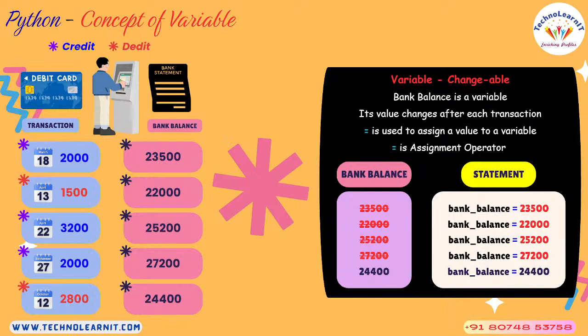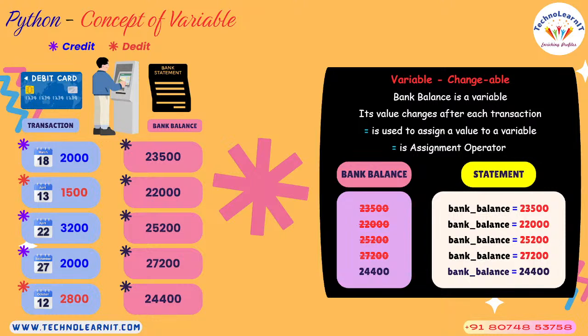25,200 is another constant. So constants are stored in a variable. And the value of the variable may change from time to time. When I say time to time, for how long the value of the bank balance remained as 23,500? As long as no transaction has taken place, right?